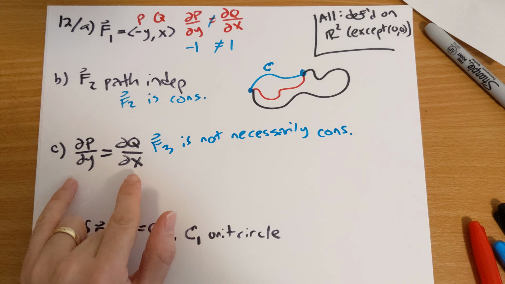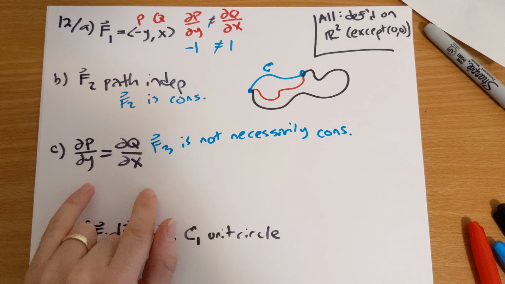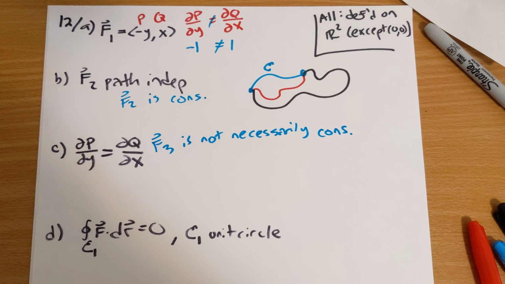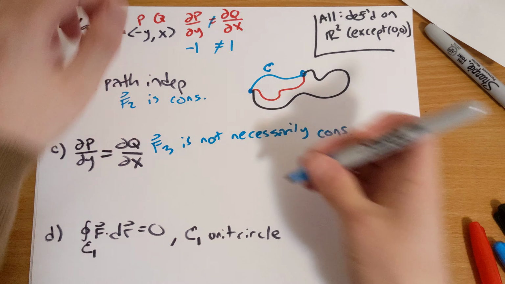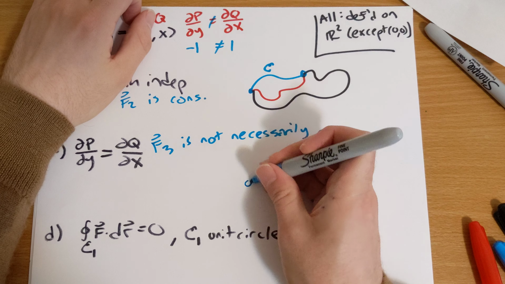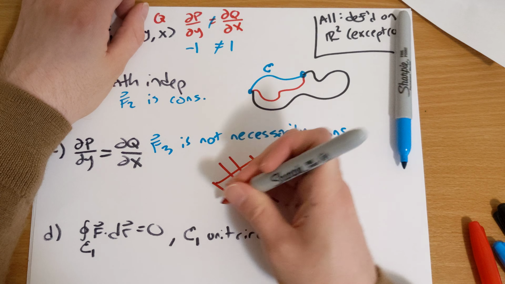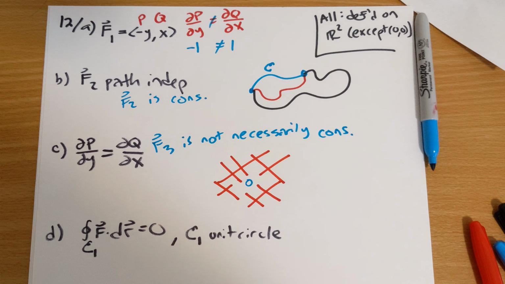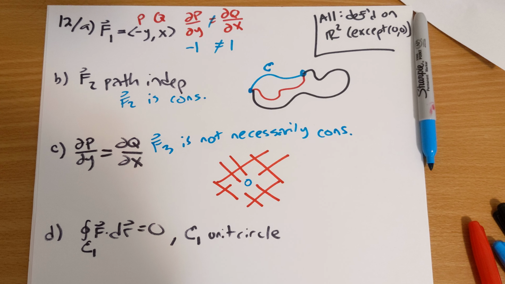Now, this is a necessary condition for our vector field to be conservative, but here, this is an example where our domain is not a simply connected region. It's all of R2 except for the origin. So there's a hole in the middle of our domain here, and that makes it not simply connected.